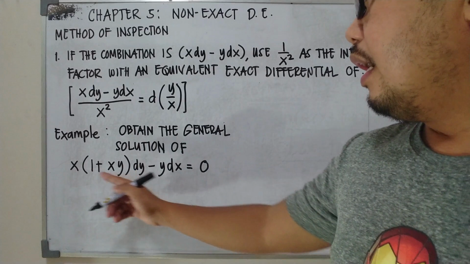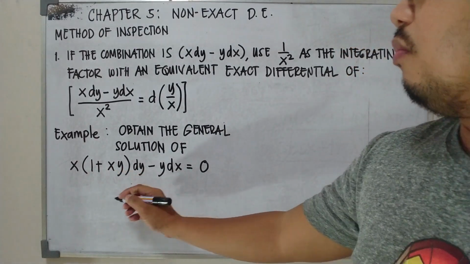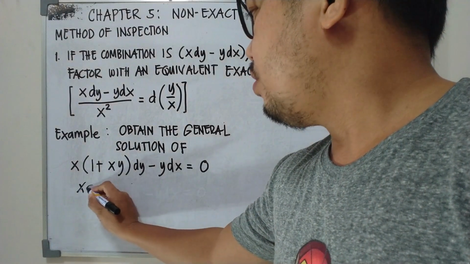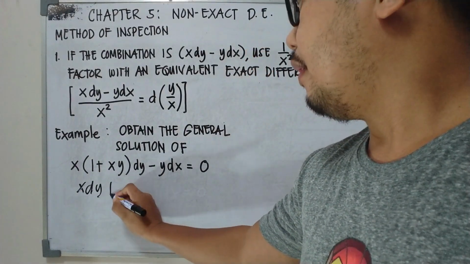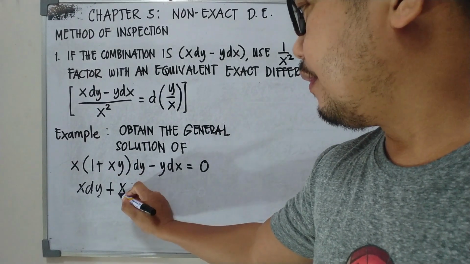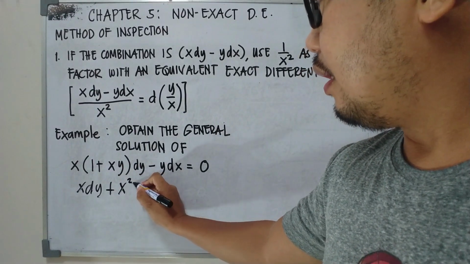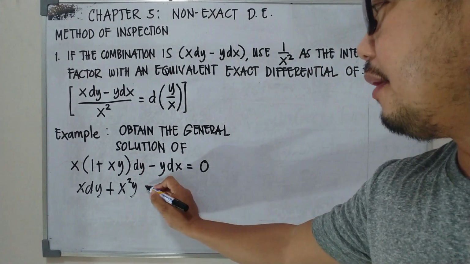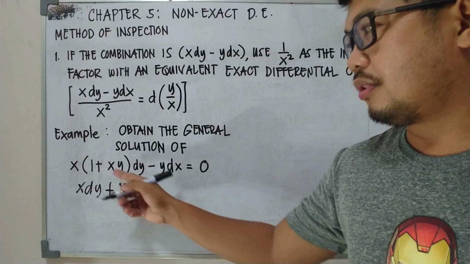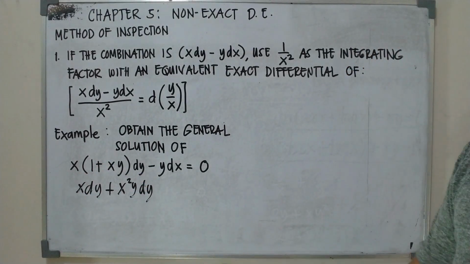We have x times 1 times dy, that is equal to x dy, then plus x times x is x squared, times y, that is y, and multiply this by dy. Just distribute the dy to the x inside the parentheses, the distributive law.